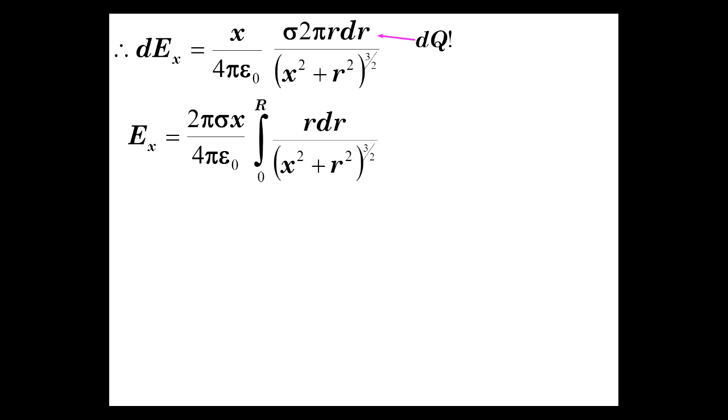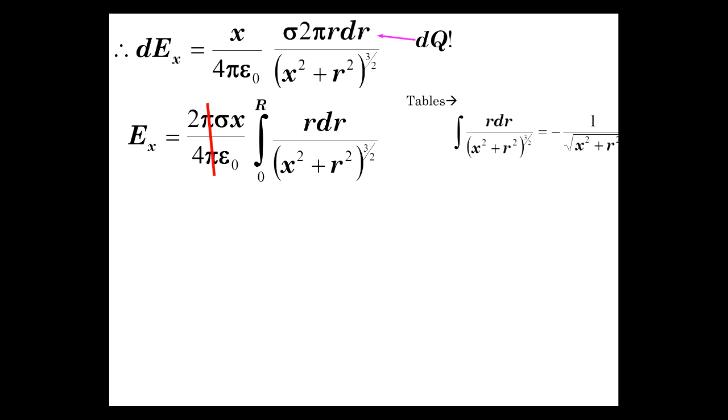Well, before we simplify, to get the electric field, we bring out the constants, 2 pi sigma x over 4 pi epsilon 0, integral 0 to R of r dr over (x squared plus r squared) to the 3 halves. Pi's gone.